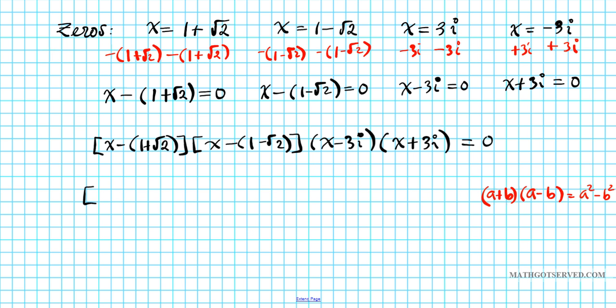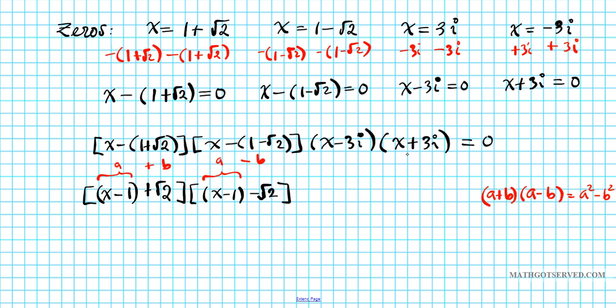Watch this carefully. I'm going to associate x and the 1, x minus 1, and add on the root 2. And then I'm going to associate the x and 1 again over here, with a minus root 2. The beauty of this is we have an a, x minus 1, plus a b, and an a, x minus 1 minus a b, a difference of squares in factored form.